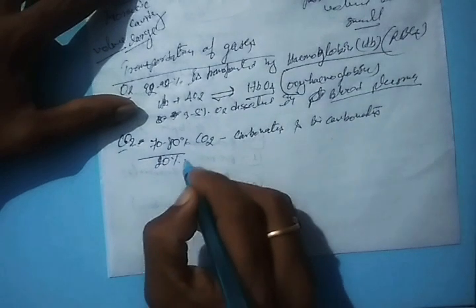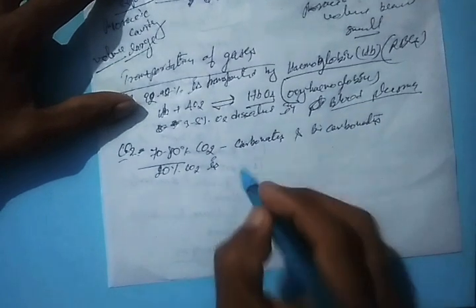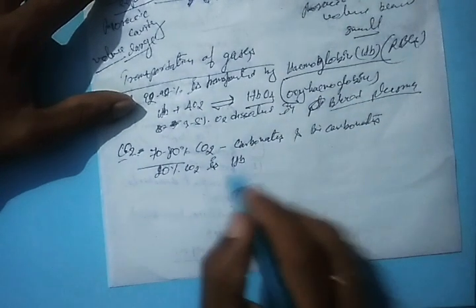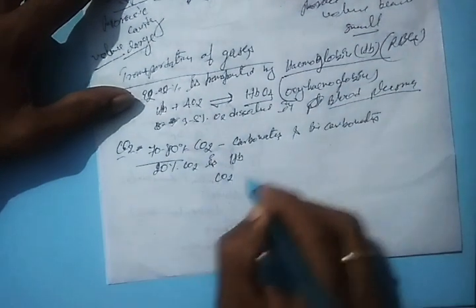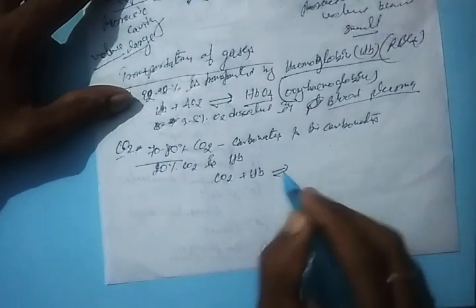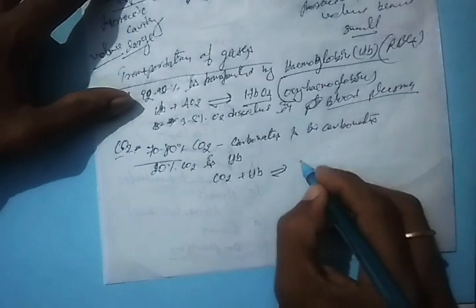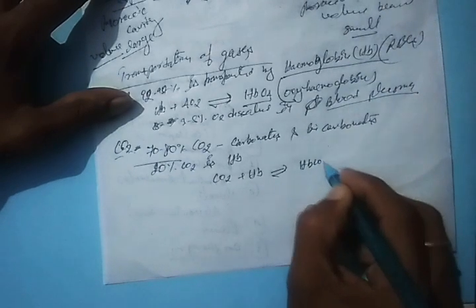And the rest, about 20% CO2, is transported by hemoglobin. CO2 binds with hemoglobin and makes a temporary compound, that is carboxyhemoglobin, HbCO2.